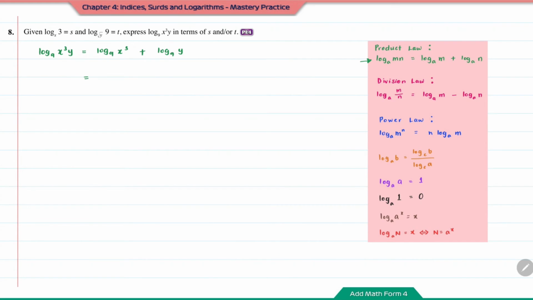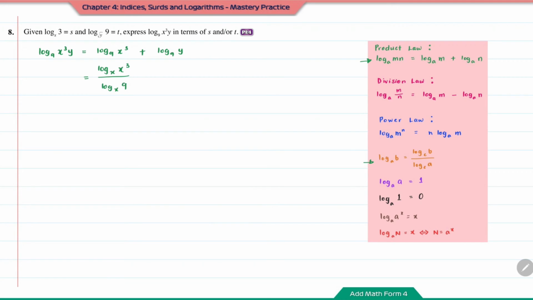In order to get the terms s and/or t, we need to change the log here into log base x and log base square root of y. So the first term here, as it contains the x, I'm going to change it to the log in base x using the law here. So it's going to be log base x of x to the power of 3 over log base x of 9.